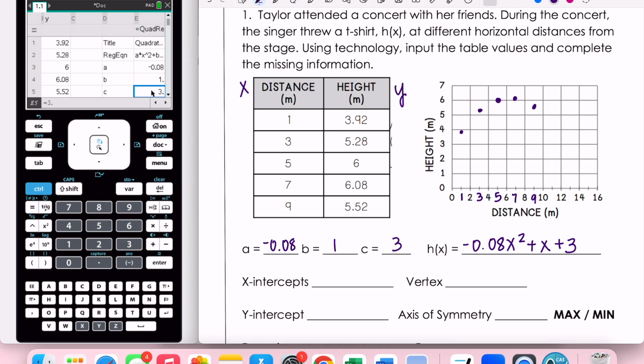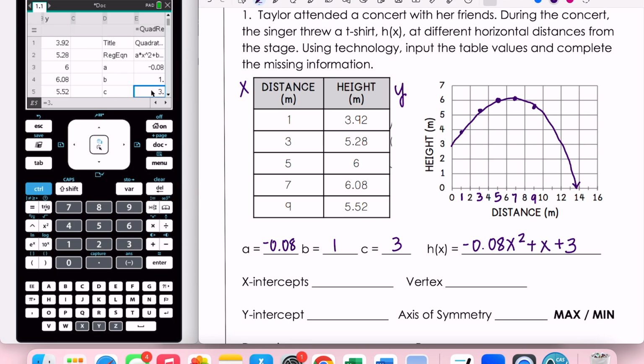Now from here, I want to identify the x-intercepts, the vertex, the y-intercept, and the axis of symmetry. So what I'm going to do is connect my dots. Now, this is not going to identify these specific features.